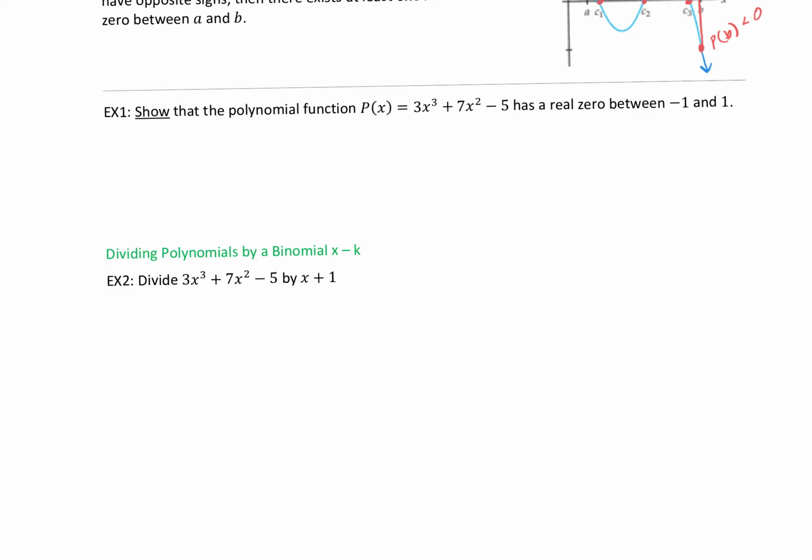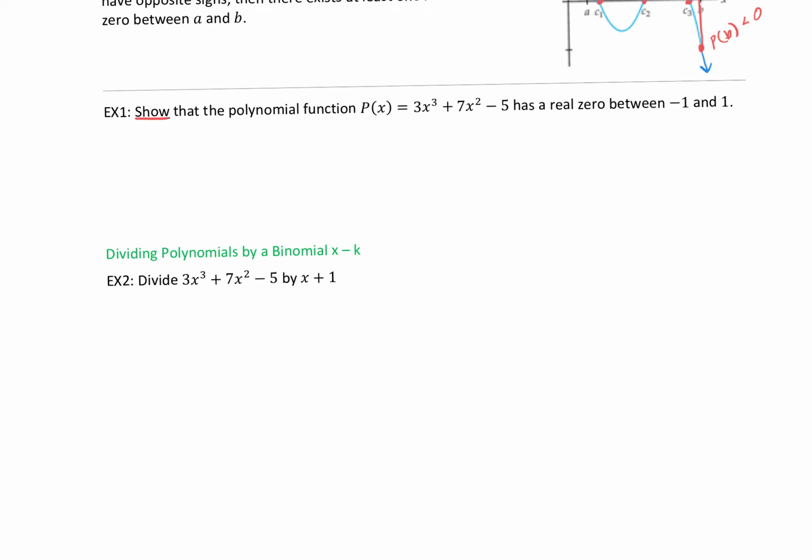I underlined show because oftentimes when you see show, demonstrate, determine, prove, those types of words, it means that you have to show a process and come to a conclusion. So you're not just solving something.